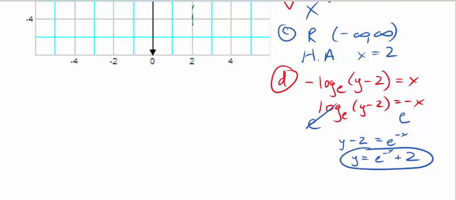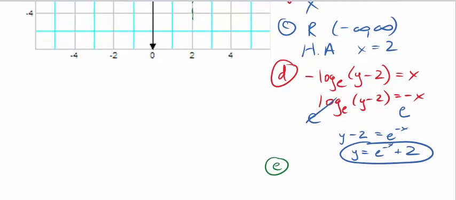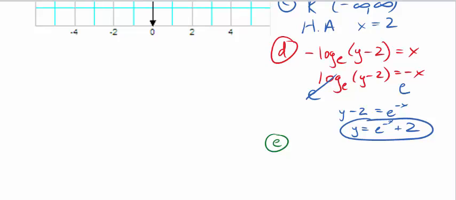It says find the domain and the range of the inverse of f. This is actually a lot easier question than you think, because all you have to do is take the domain and range for the function and switch them. So for the original function, the domain was, we didn't even say the domain, did we? Oh, we did, it was x is greater than 2.